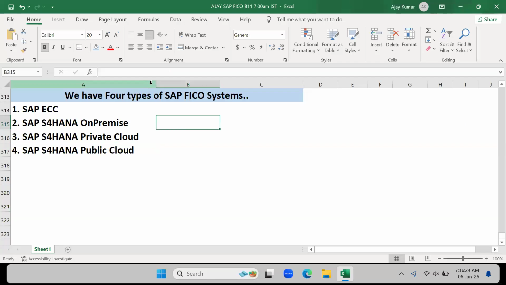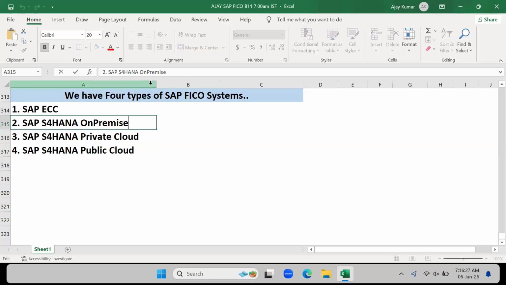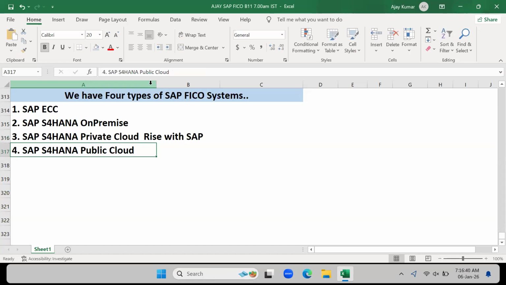Now, what is the other name for private cloud? Anybody heard this?